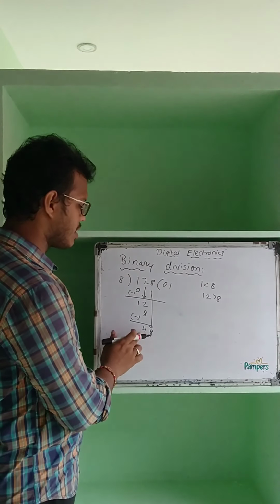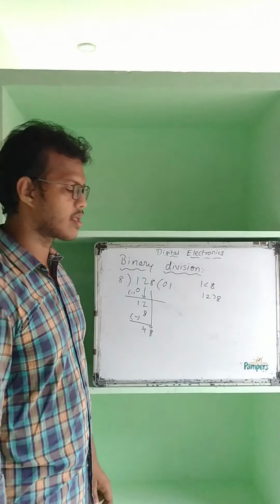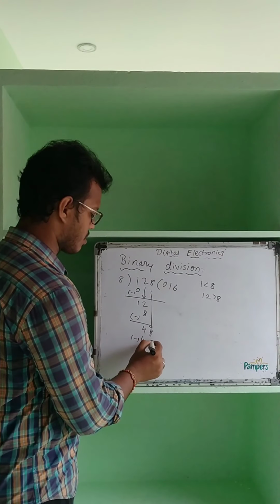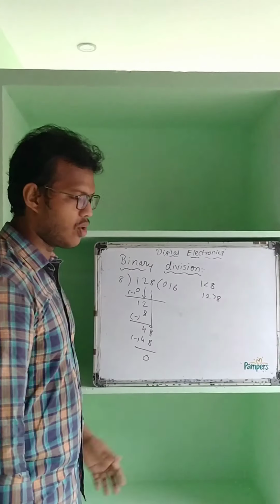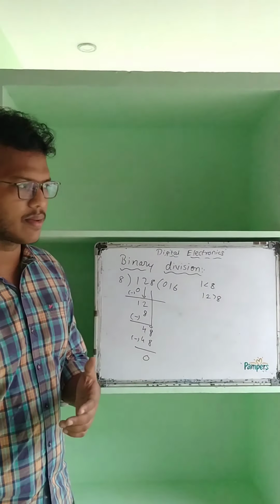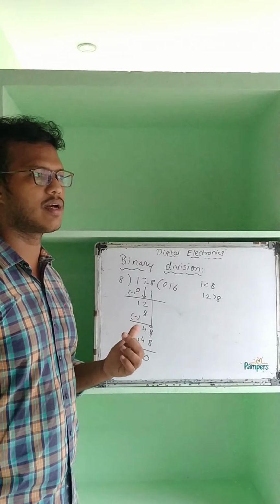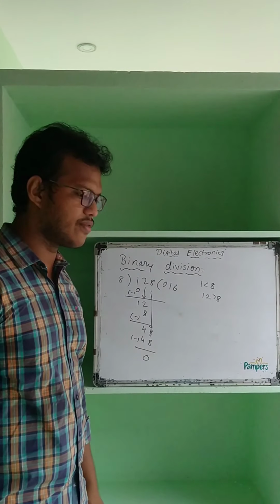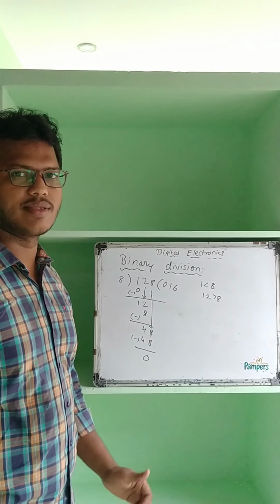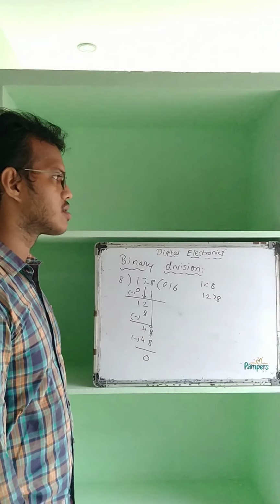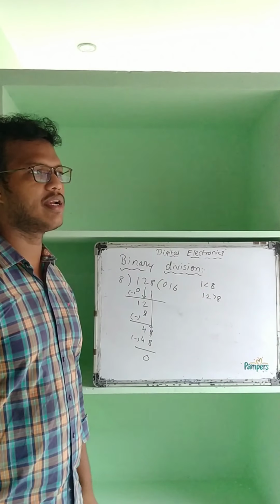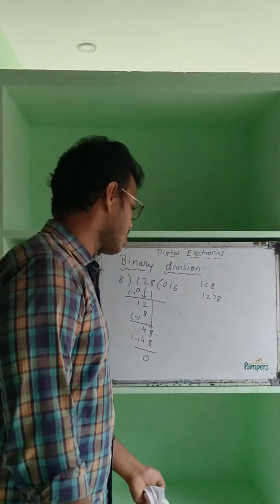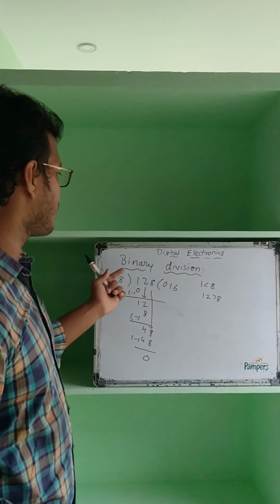So how many times will 8 divide 48? 6 times. So the remainder is 0. This is the way we do the division, right? So how are two binary numbers going to be divided? Let us see the binary division.